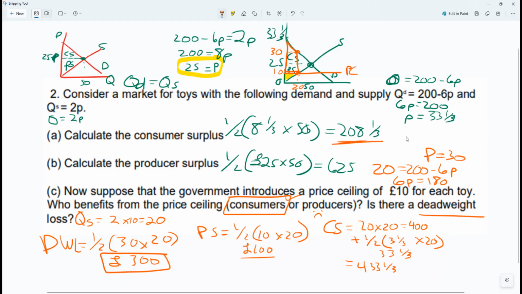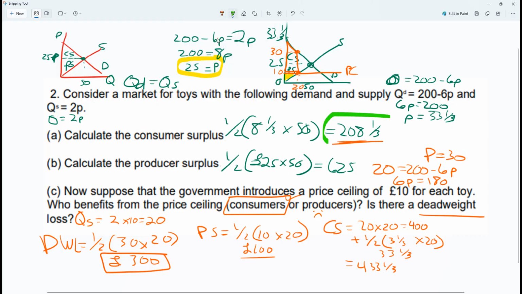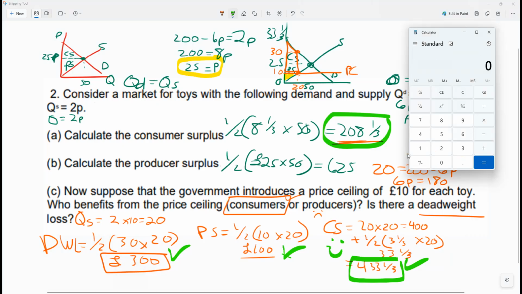And now we can compare that to where we were. So for the consumers, the consumers went from 208 and a third to 433 and a third. So they ended up much better off. And then the producers ended up worse off, as we said, and there's a deadweight loss of 300. And if you add this plus this plus this, if I did it right, you should get the answer if you add both of those together. So let's see if I did that right.